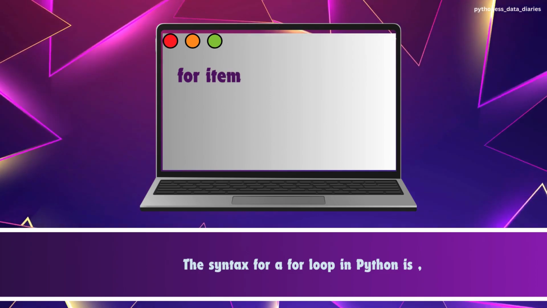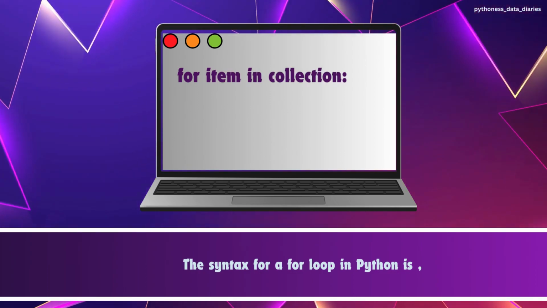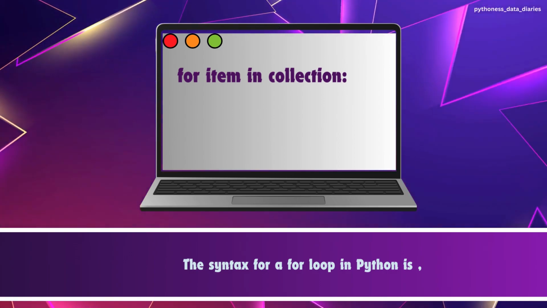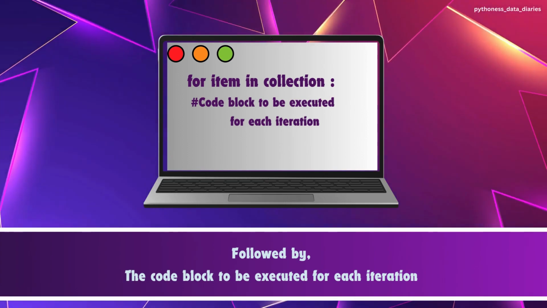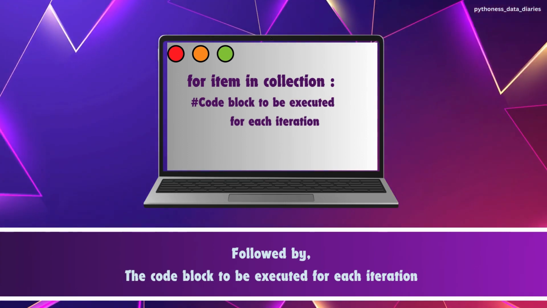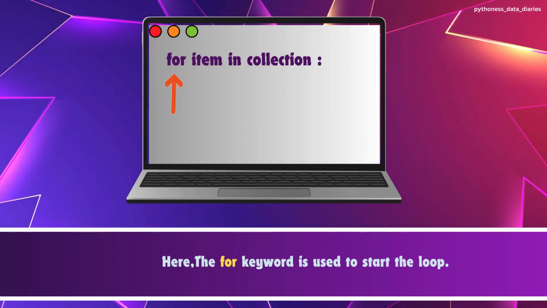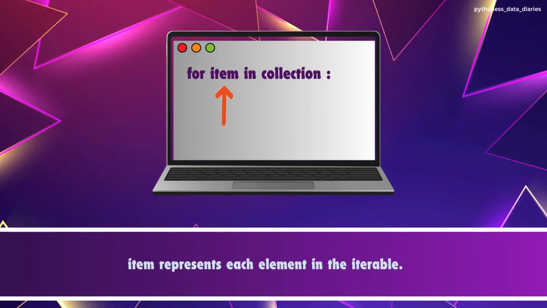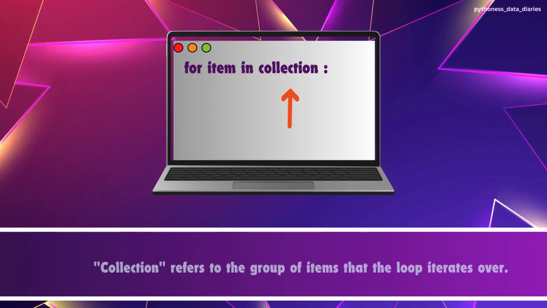The syntax for a for loop in Python is for item in collection followed by a colon sign, followed by the code block to be executed for each iteration. Here, the for keyword is used to start the loop. Item represents each element in the iterable.